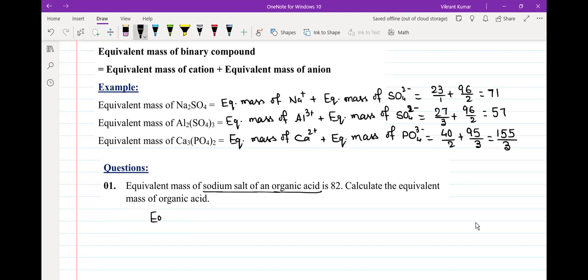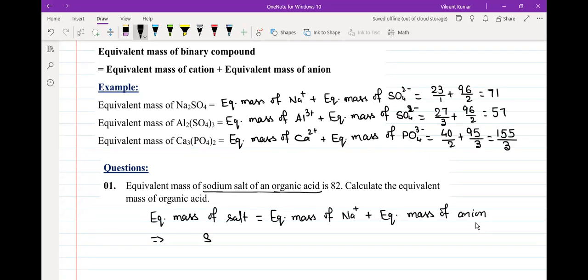So if I say equivalent mass of salt, that will be equivalent mass of Na plus, because cation is Na plus, plus equivalent mass of its anion. We don't know what anion is there, but we know that it will be Na plus equivalent mass plus equivalent mass of anion. This salt equivalent mass is given as 82, and this will be 23/1.